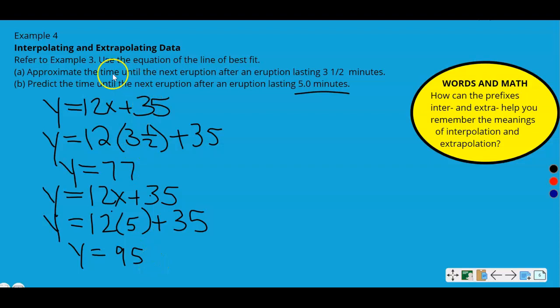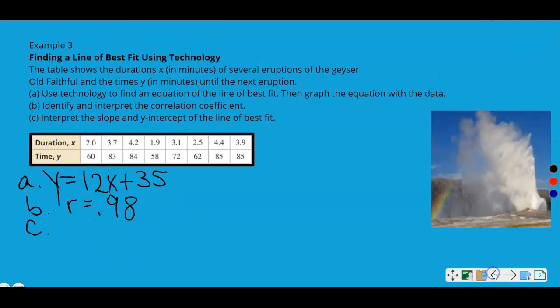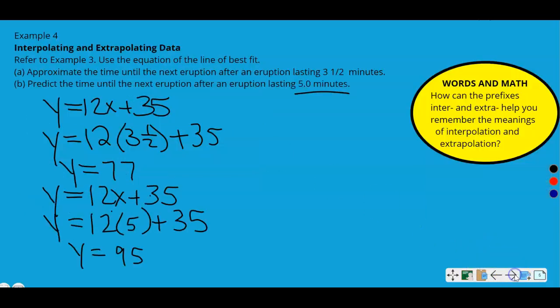Now, how do you know if this is interpolating or extrapolating? If we go back to the table, it goes from 2 up to 4.4, sorry. So 2 to 4.4, everything between that is inside the data.